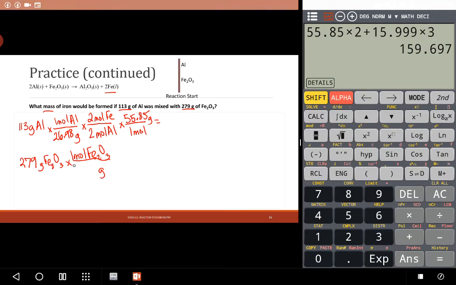And so that's 159.697 grams per mole. Then according to my balanced chemical equation, that is a 1 coefficient. And that's going to give me 2 moles of iron. And then I can use the same grams per mole for the iron that I have just above.